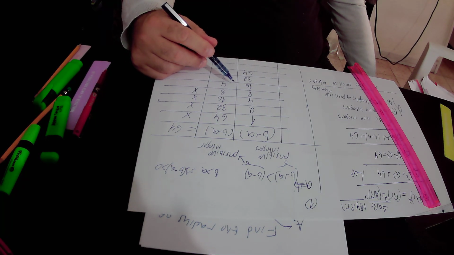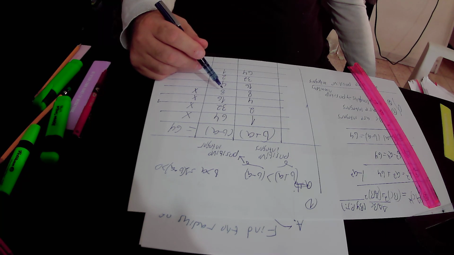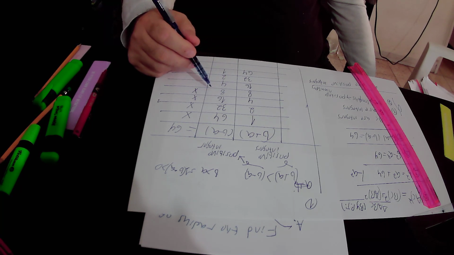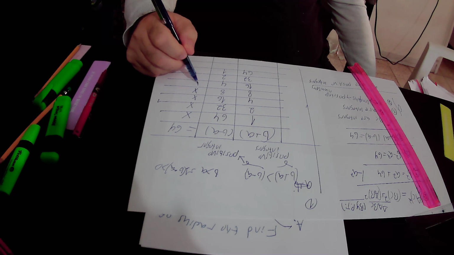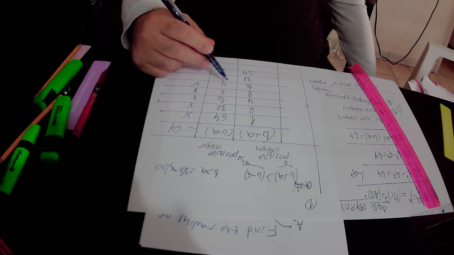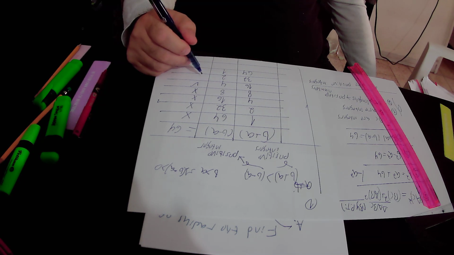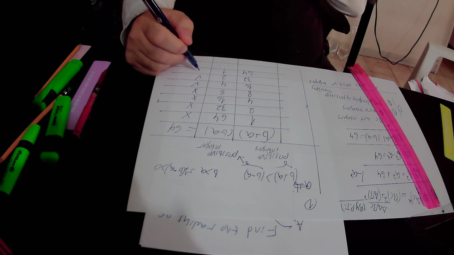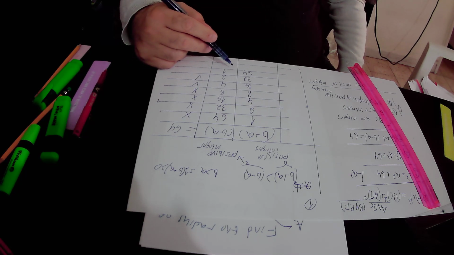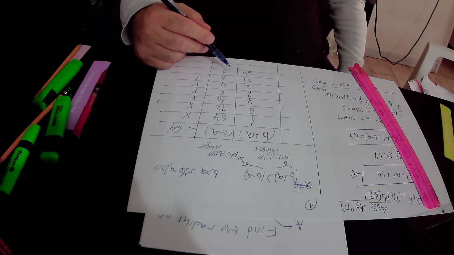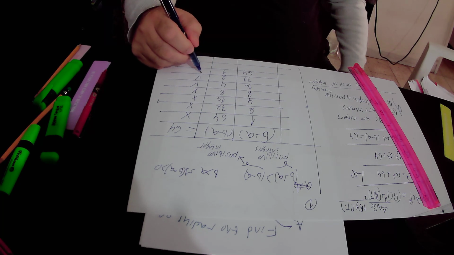16, that is b plus a, is greater than 4, that is b minus a, so this option is valid. 32 is greater than 2, so this option is valid. And 64 is greater than 1, so this is a valid option.